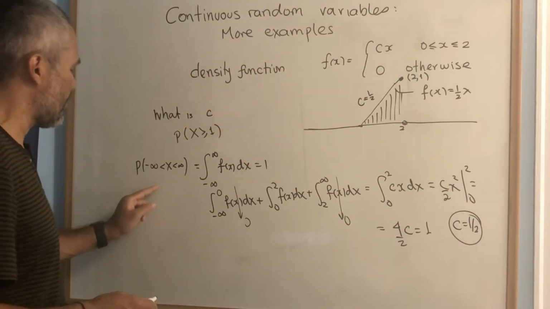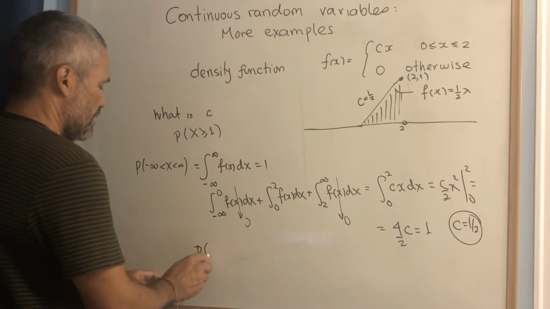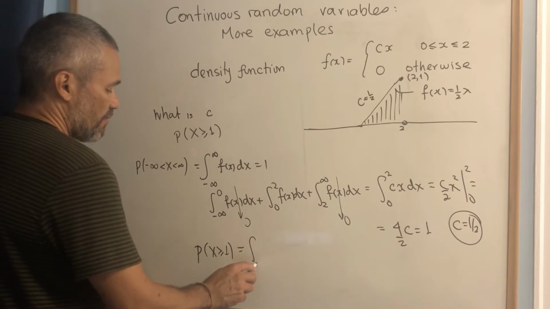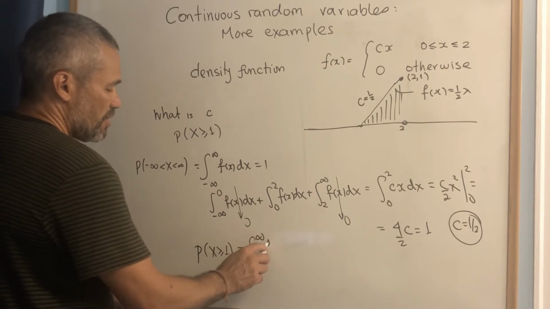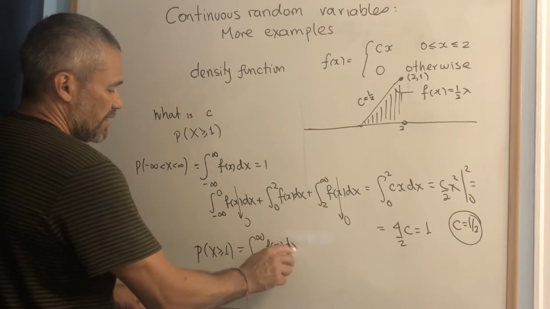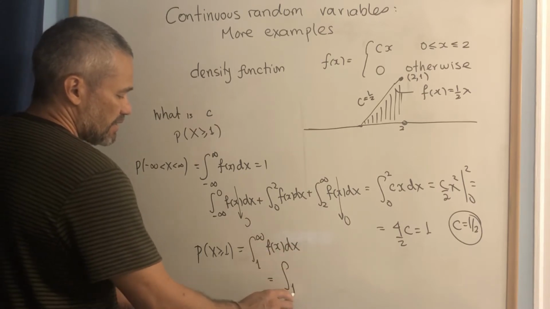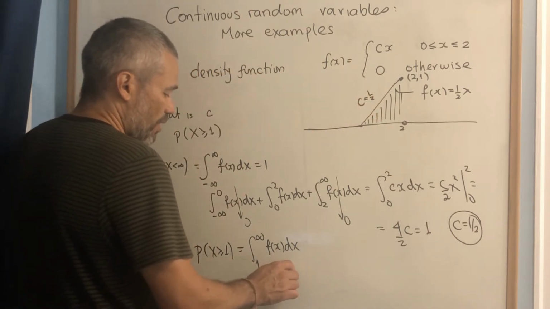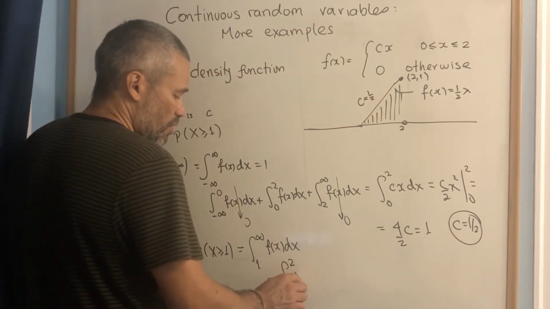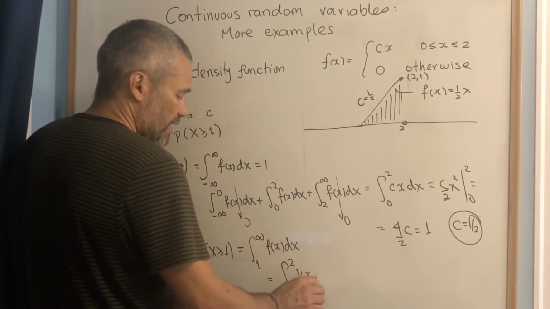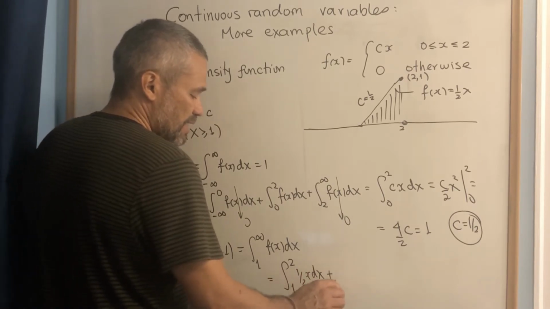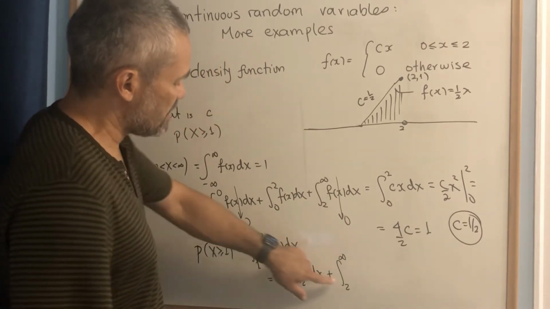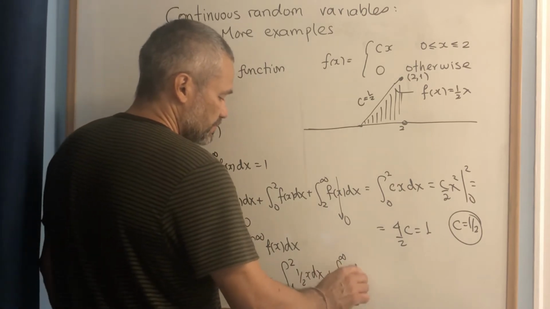To compute the probability that x is bigger or equal than 1, this is just the integral from 1 to infinity of f of x dx. When we split this, it's going to be the integral from 1 to 2 of 1/2 of x dx plus the integral from 2 to infinity, and the function f of x after 2 is 0.